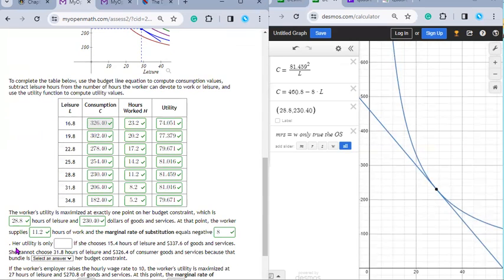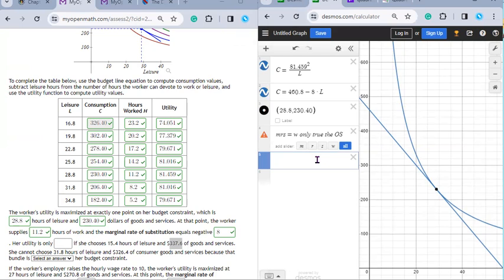Now we've got to calculate our utility if she chooses 15.4 hours of leisure and that many dollars of consumer goods and services. So I'm going to type the square root of 15.4 hours of leisure, multiply that by the dollar value of consumer goods, 337.6.